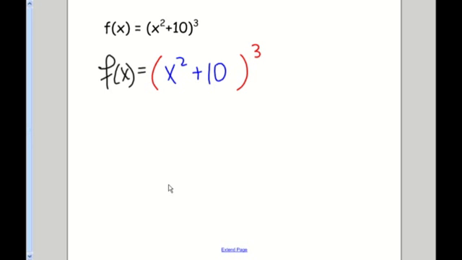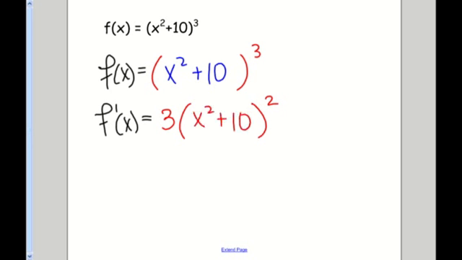So when I go to find f prime of x, it's going to be the outside portion, where that's x squared plus 10. It's just hanging out on the inside there. And then times the derivative of x squared plus 10, which is 2x.